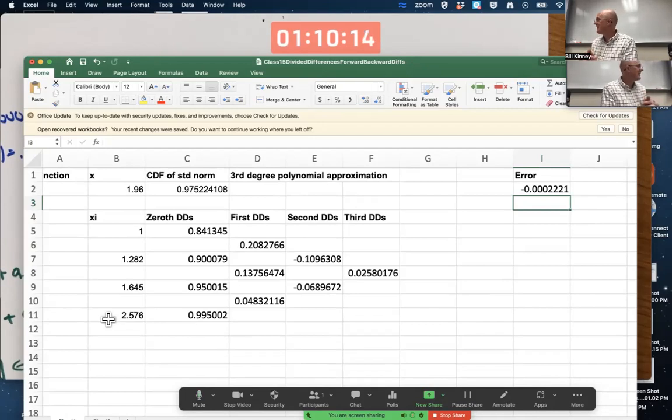On Thursday, we're going to continue in section 3.3 and talk about Newton's forward and backwards difference methods, which are essentially the same thing as the divided difference method here, but with different notation. And in that case, you do want equally spaced nodes in numerical order for it to work.